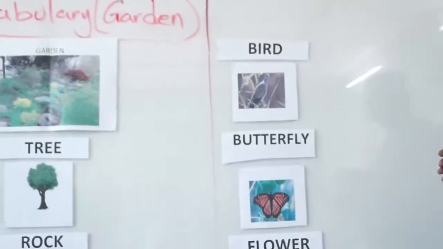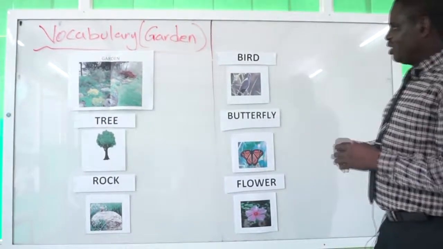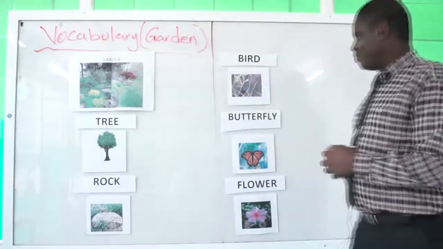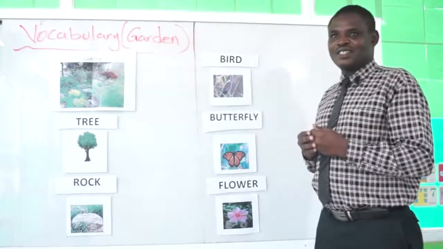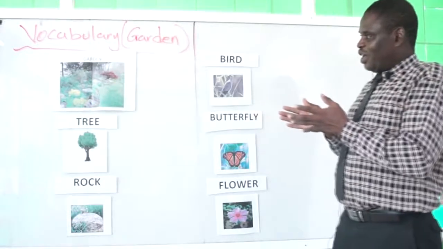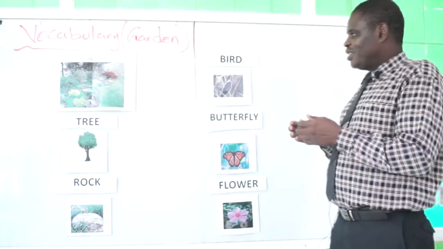So, these are the few things that we are going to talk about in this garden. As I've already mentioned, it is a piece of land or a space where things can be found.